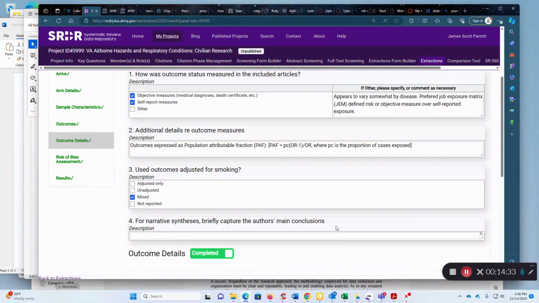Really what we want to do for narrative syntheses is go to the discussion section or the conclusions and find the main top takeaway points. We'll want to capture those. But in this case, what we're really wanting is those population attributable fractions from Blanc and the odds ratios from the Pache. So let me show you what that looks like.